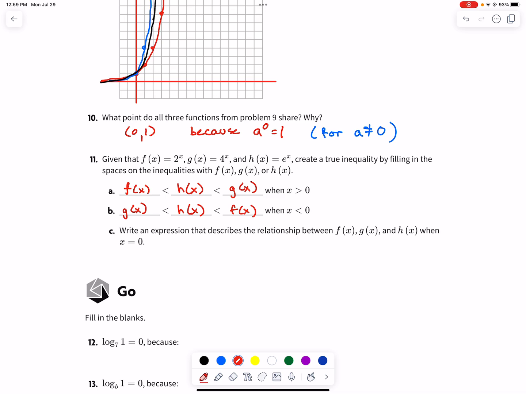So notice that it gets flipped around if x is negative.